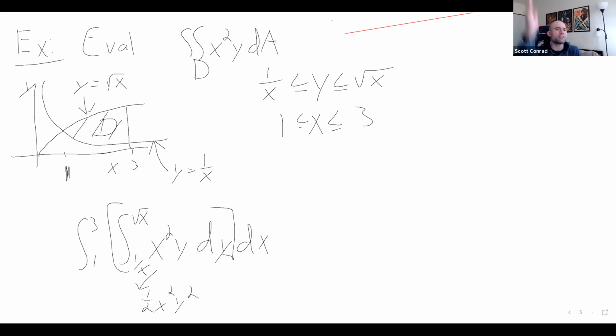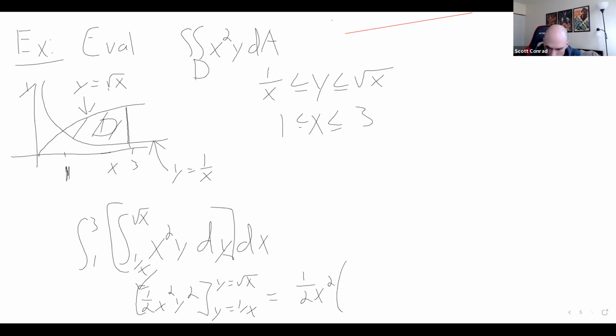Yeah. So x equals 3 is sort of the right boundary of this region. And we're evaluating that from y equals 1 over x up to y equals square root x. So we have the 1/2 x squared, we're treating it as a constant.